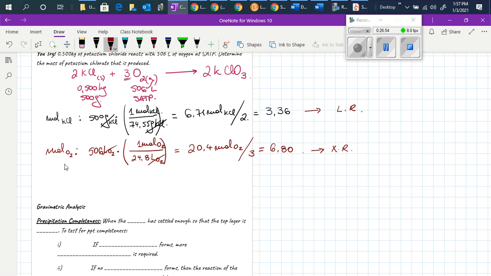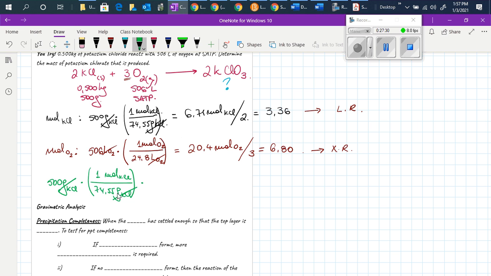Now, in order to figure out how much potassium chlorate is produced, we will use the limiting reactant. So we will do stoic with the limiting reactant. So we'll start with 500 grams of potassium chloride times the molar mass, 1 mole of potassium chloride over 74.55 grams of potassium chloride.